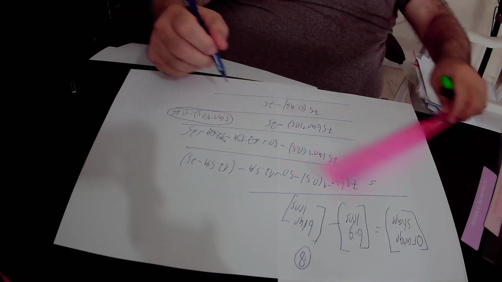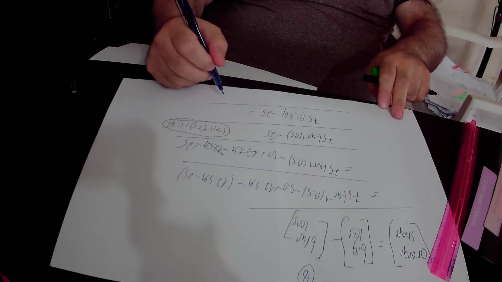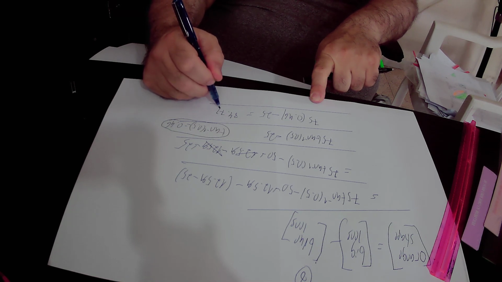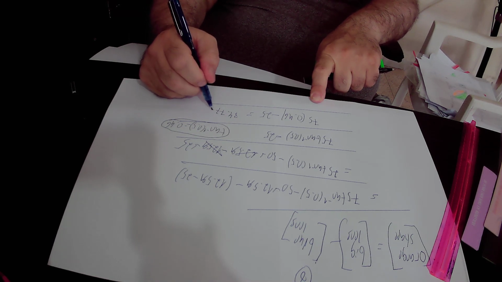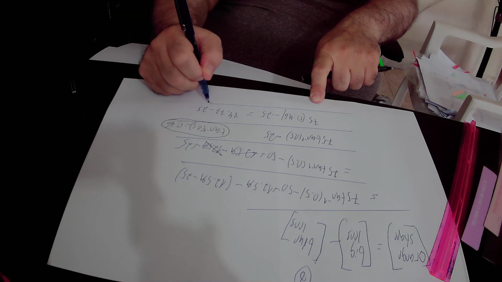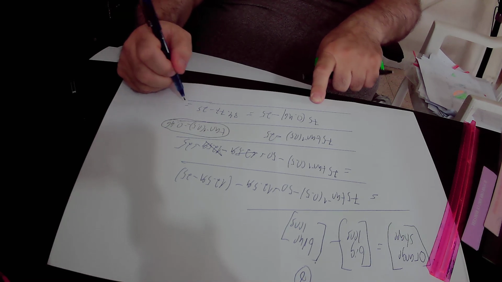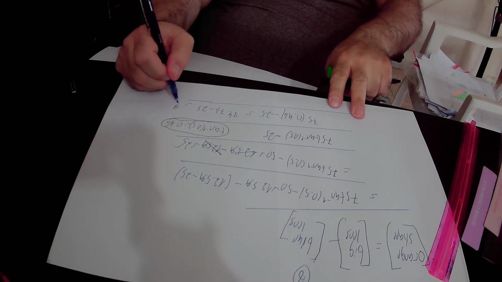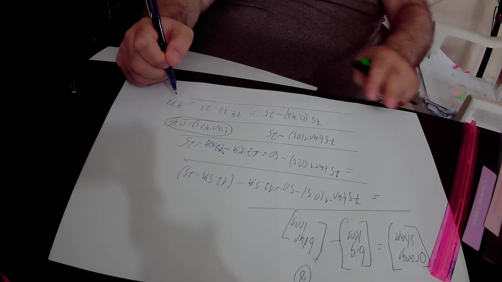And 75 times 0.46 is 34.77, and we have to subtract from it 25, so it is 34.77 minus 25 equals 9.77.